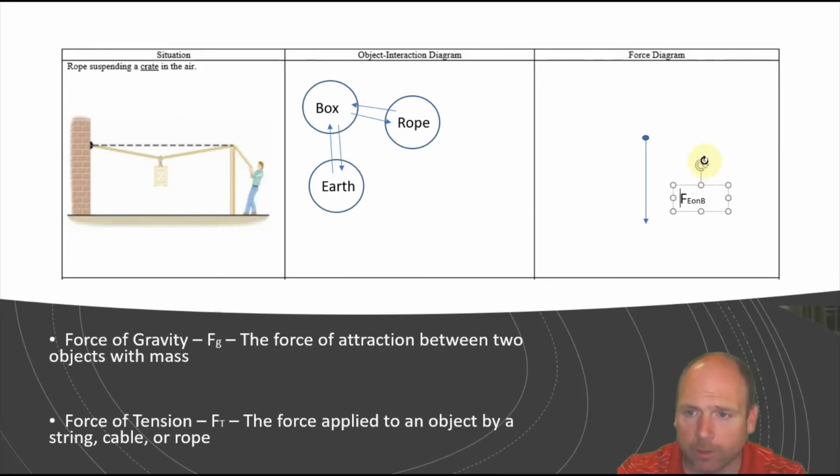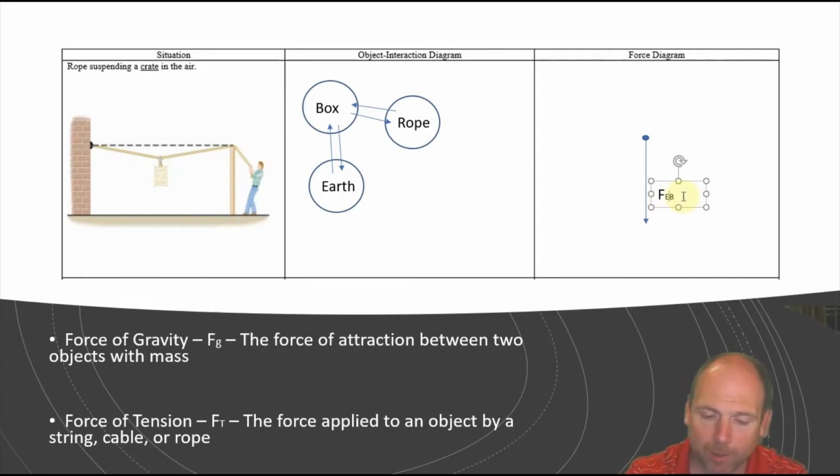And I'll label it force of Earth on box. F for force, and then I'll put an E on B, or E comma B. We'll make that a comma. I think I've been doing comma with you guys. Force Earth on box. We've been doing that.